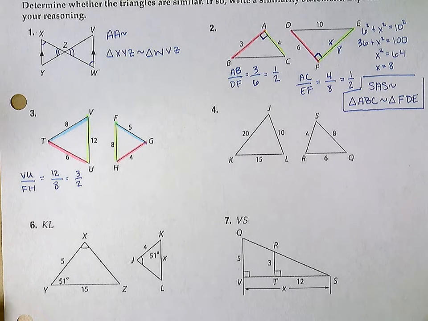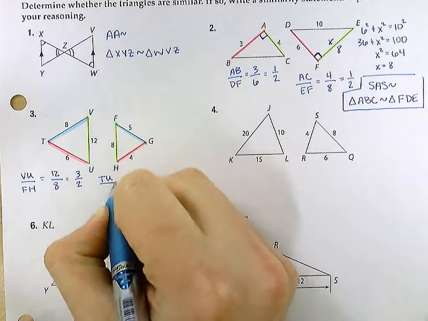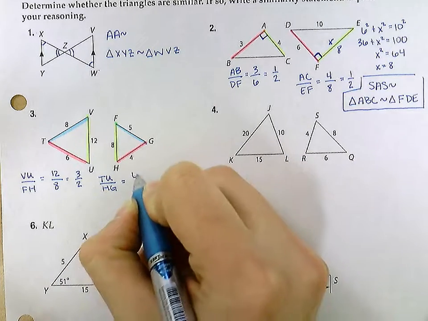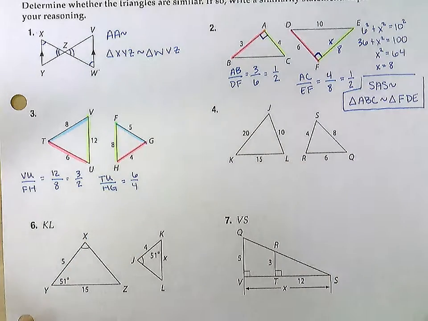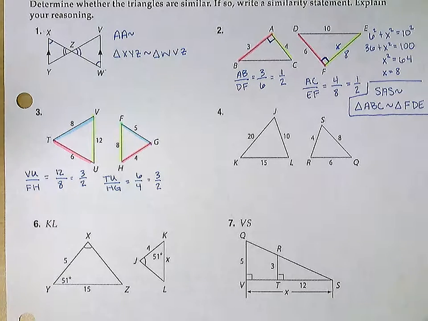Okay, so that was my yellow highlighted section. If I look at my pink one, that would be TU to HG. So 6 over 4. Again, I can reduce this to 3 over 2. So far, so good.